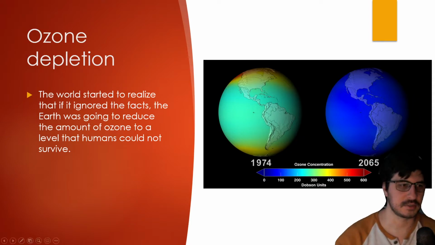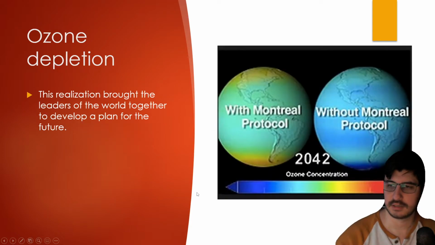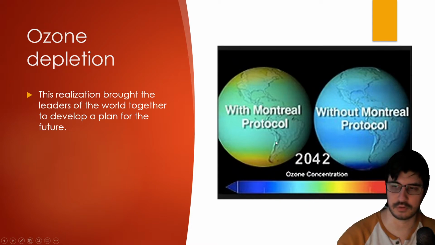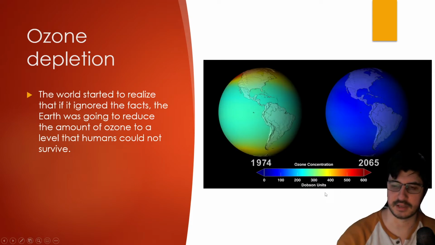And I mean, this image kind of does a backwards way of it, but typically red is actually better in this case, because as you can see with the Montreal protocol implemented, the concentrations actually go up. As you can see in this, going back again to the last slide, you can see higher ozone concentrations are the redder color versus the bluer.